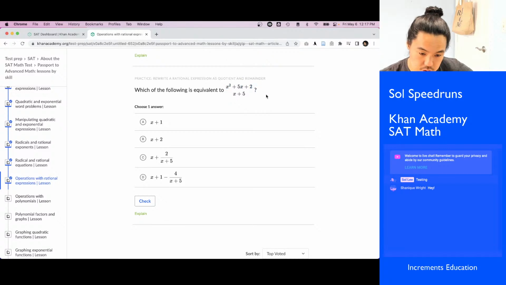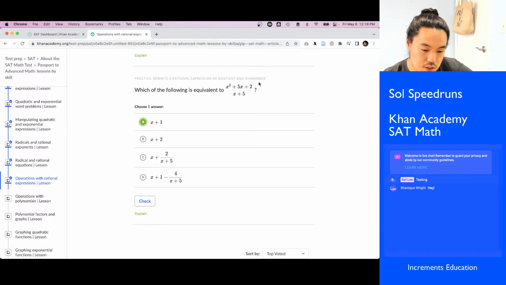What's equivalent to this? I guess you could factor out an x plus 5. So then you would get an x. No, that'd be weird. Oh, but you could do it in this format. I see. So then you get a 2 over x plus 5, and then leave that on the right side. That would be the remainder, I guess. And then you get x plus 5x.